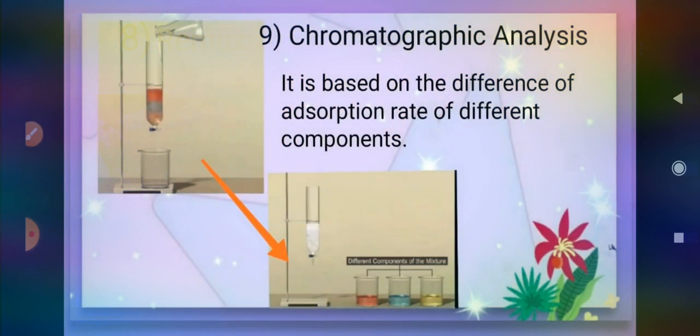Next one is chromatographic analysis. Last year we learned about chromatographic analysis in organic chemistry. That is a technique used in separation, and in this figure you can see a mixture of three substances shown in different colors, and during the chromatographic process we can separate it into the three parts separately.